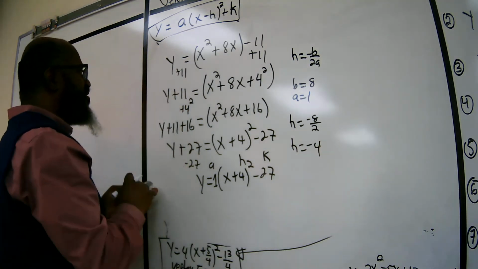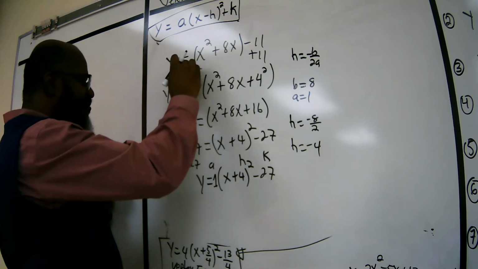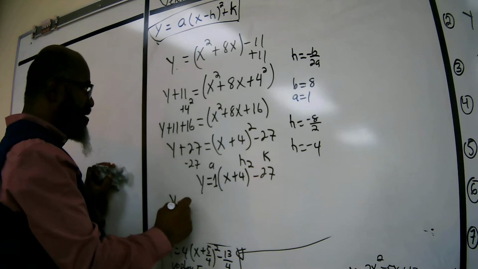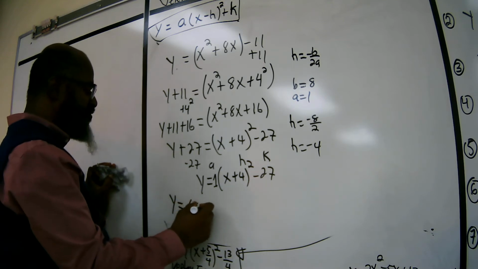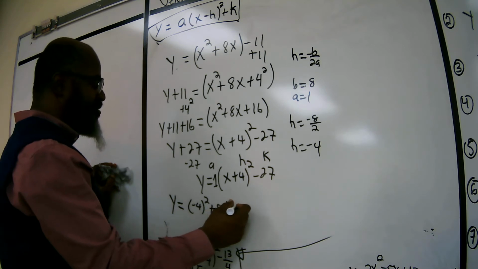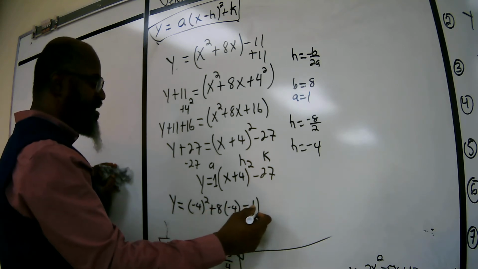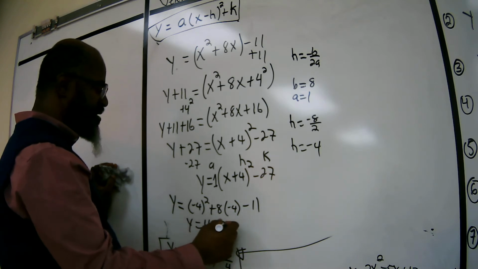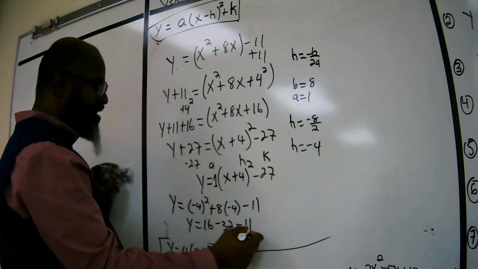Then we'll take negative 4, we'll place it in the original equation. You will have y equal negative 4 squared plus 8 times negative 4 minus 11. y equals 16 minus 32 minus 11.